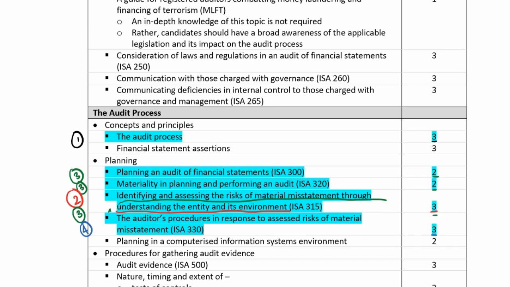So you need to know how to develop an audit plan. You need to know what goes into that audit plan. You need to be able to develop an audit plan for a specific account. And then you also need to know how to respond to risks at a financial statement level, not just at the assertion level, which is where we develop the audit plan.